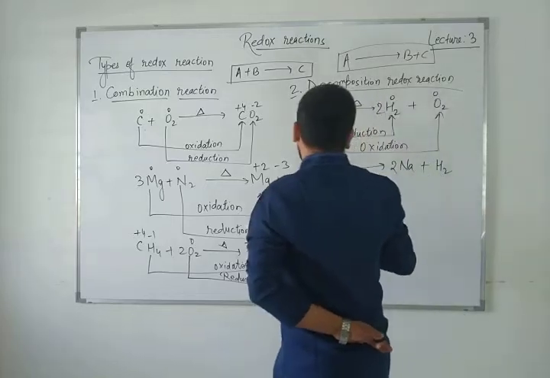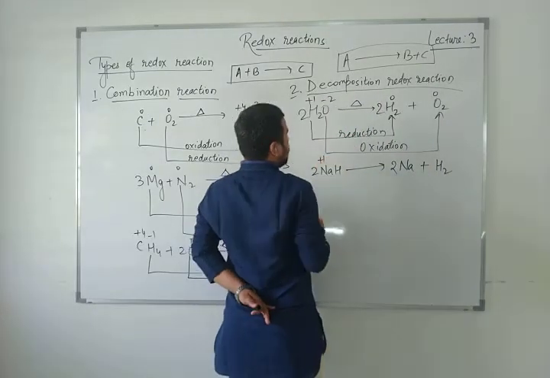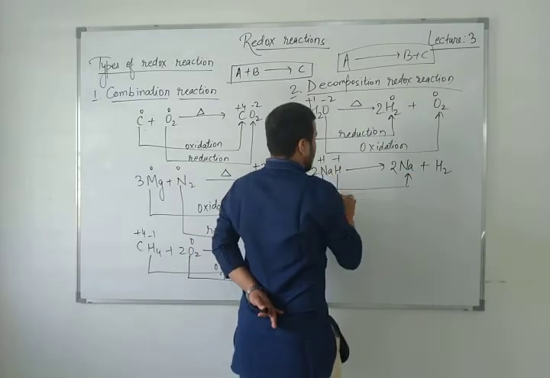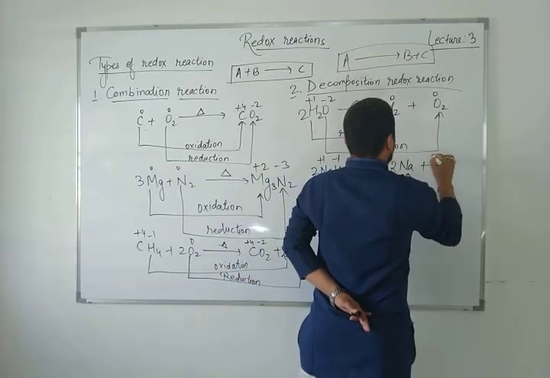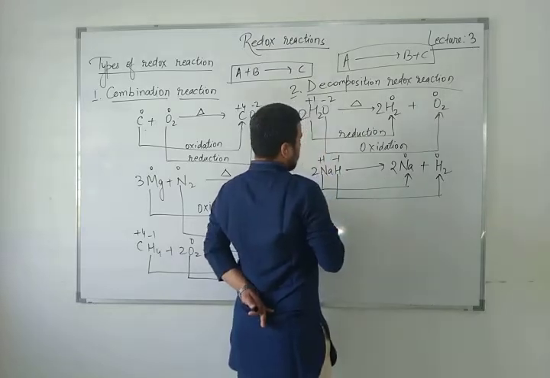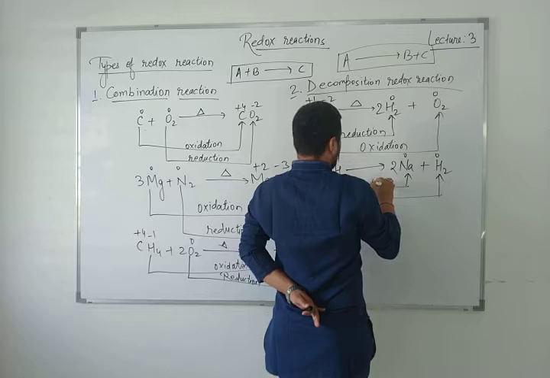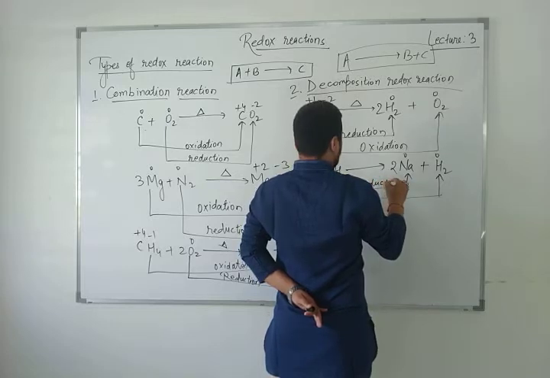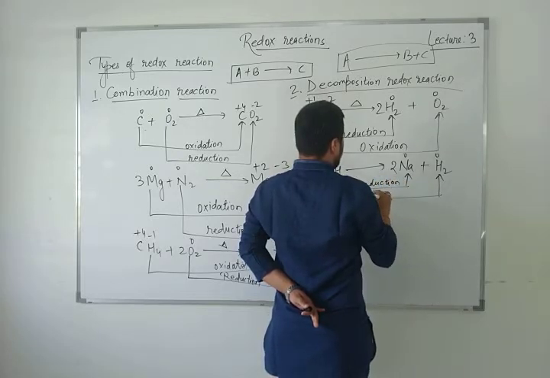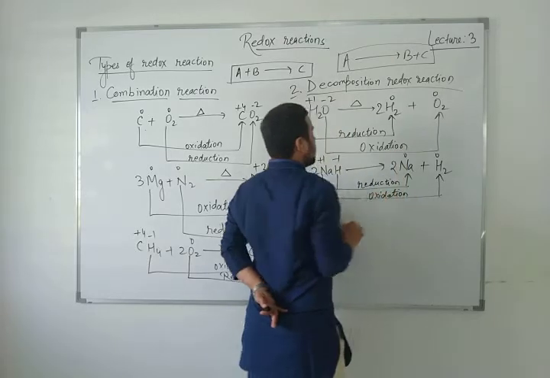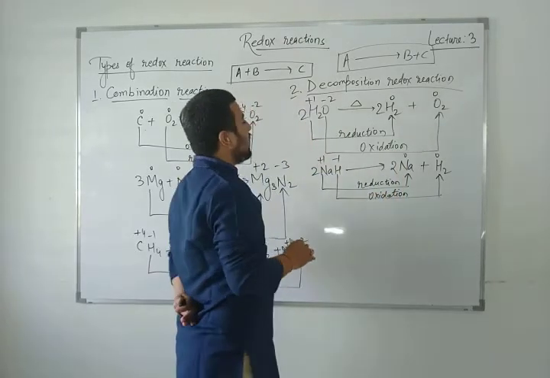So here sodium is existing in +1 and hydrogen in -1. +1 to 0 and -1 to 0. They both are in the zero oxidation state. So sodium +1 to 0 is reduction and -1 to 0 is oxidation. So we can clearly say that this reaction is a decomposition redox reaction.